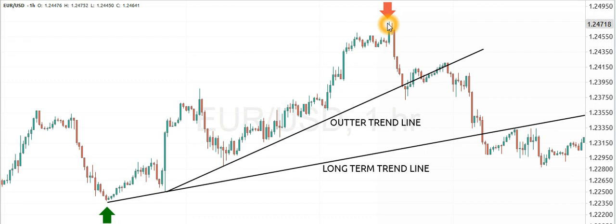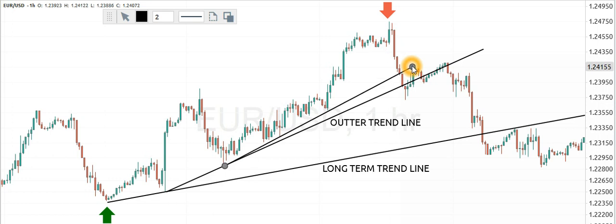So my trend line now will go again from the last point that I touch. Because it will be very similar to the outer trend line, we're not going to start there.